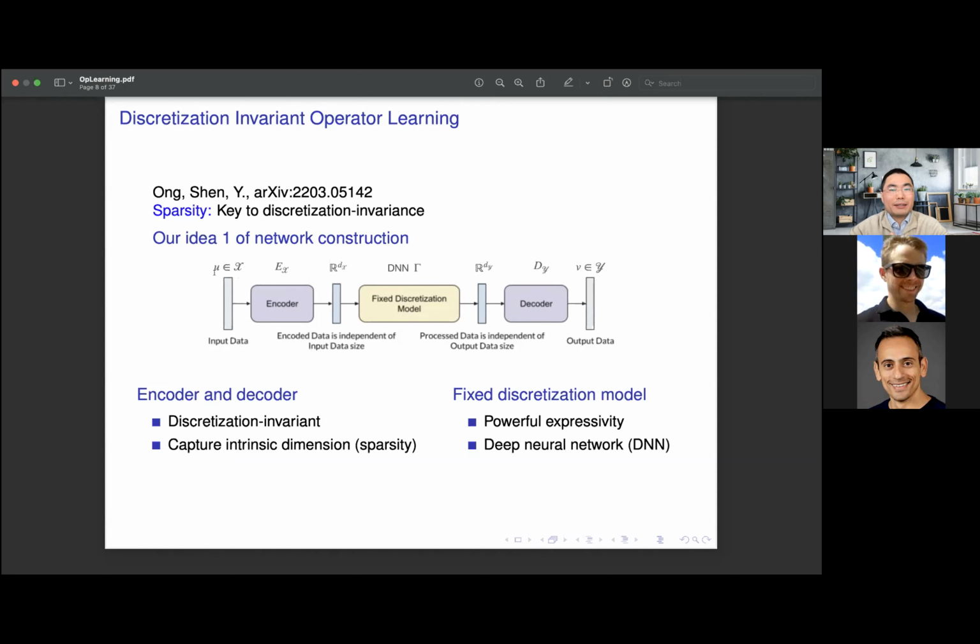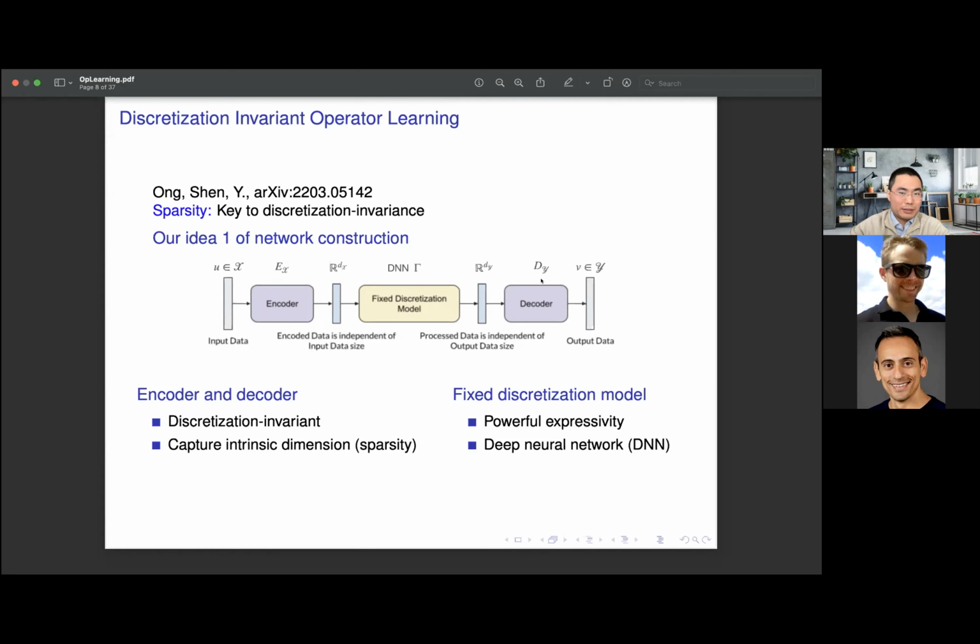You might have a vector of different sizes coming from all the possible discretization formats you might have used to discretize the function u. So I want to have some discretization invariant encoder in the sense that no matter what discretization format you use to discretize this function u, this encoder can encode the vector to a fixed size vector without loss of much information.